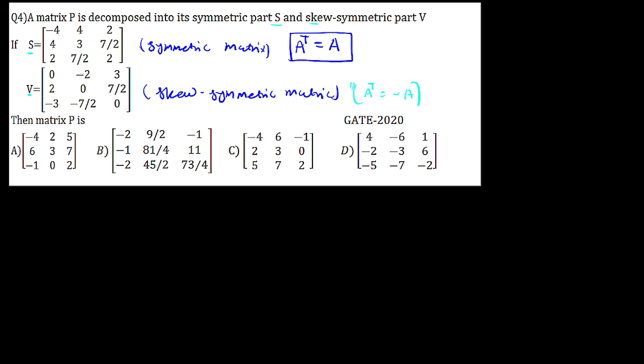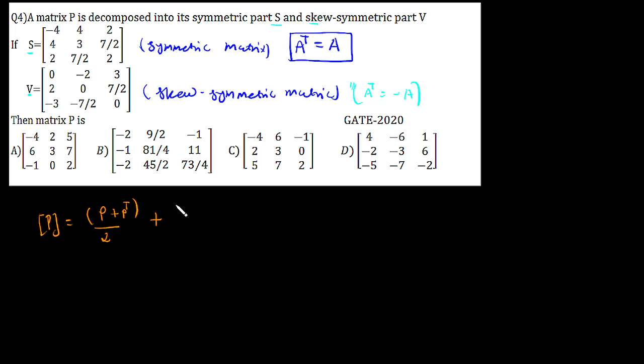Now from the basic concept of matrices, any matrix, let's call it P here, is decomposed into its symmetric part and skew-symmetric part. The symmetric part is P plus P transpose, divided by 2. If I add a matrix to its transpose and divide by 2, this is a symmetric matrix.